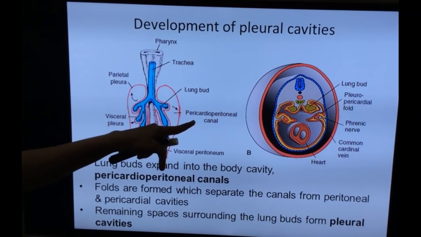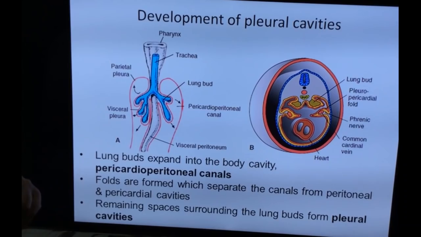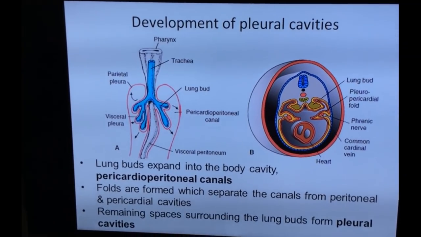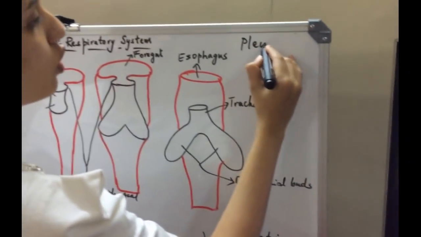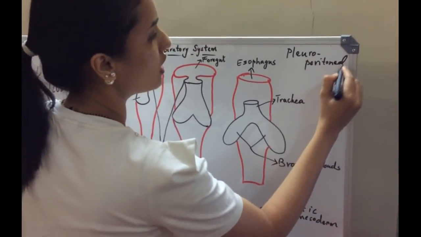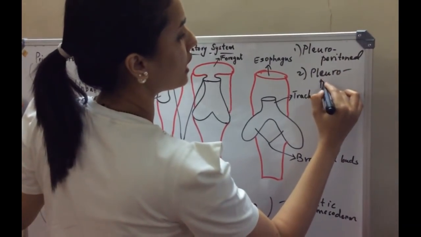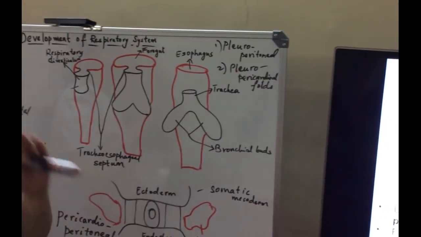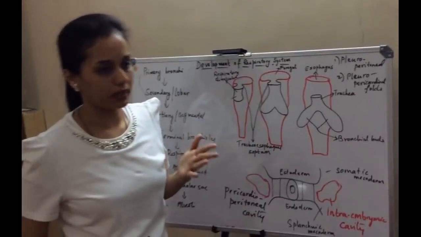This canal is later separated to form three cavities by formation of two folds called the pleuroperitoneal fold, I will be writing here, and the pleuropericardial folds. These folds separate the pleural cavity from the peritoneal and pericardial cavity respectively.